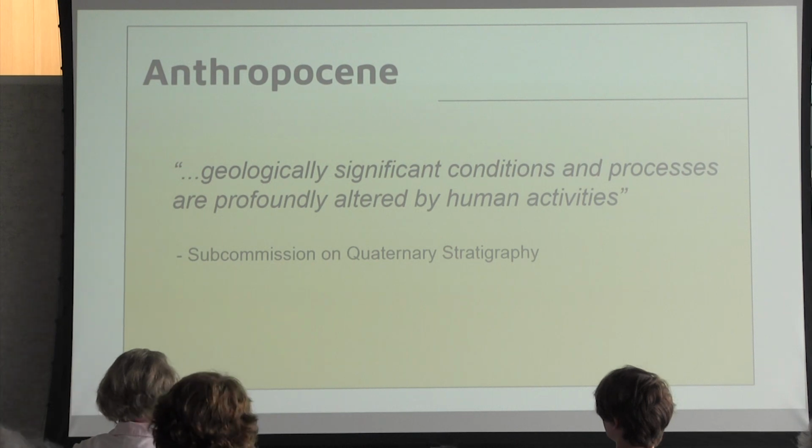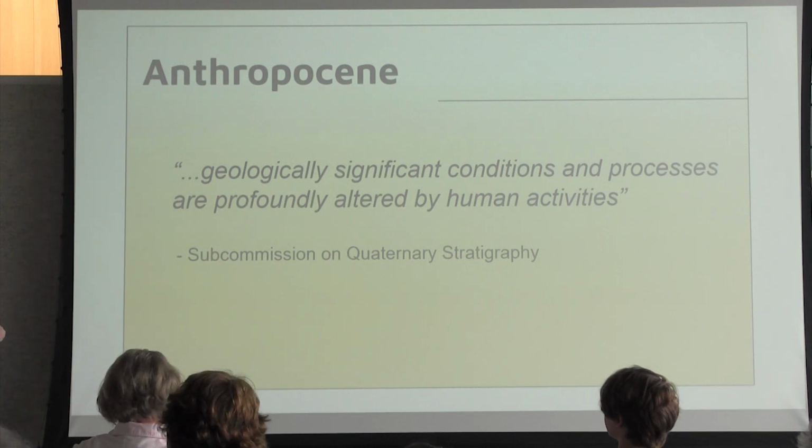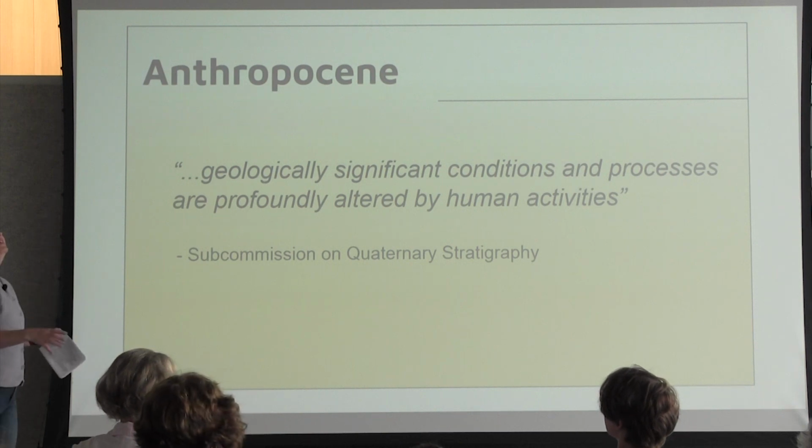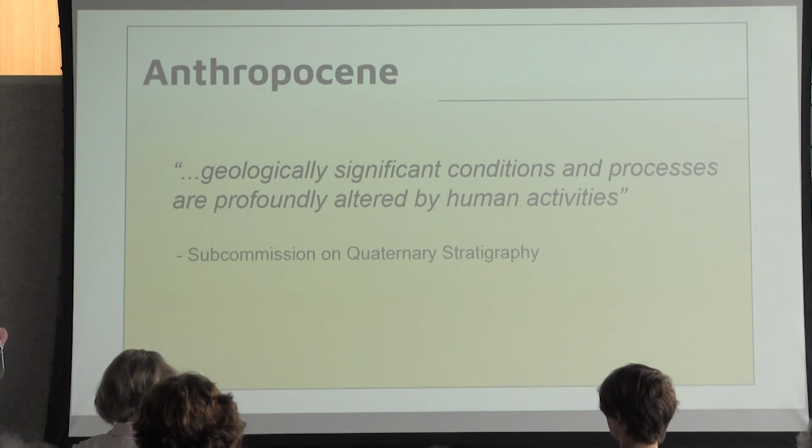So that radiation spike all around the world will be there. So that's where they're leaning right now, the nuclear era, either 1945 or 1963, depending on which test you want to go with. So those are the three time periods that we're leaning towards if it becomes part of our geologic timescale. Otherwise, this is just going to be known as the Anthropocene event, when humans messed everything up.